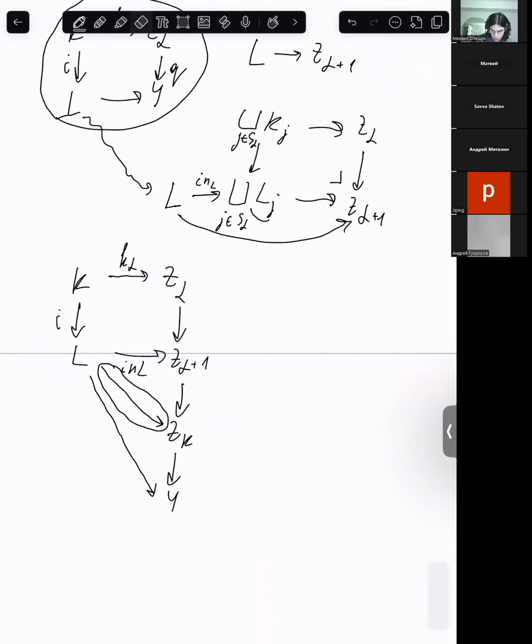Maybe in this diagram we can hardly see that it is a lifting, so we put more.